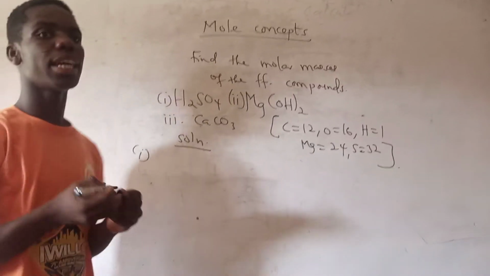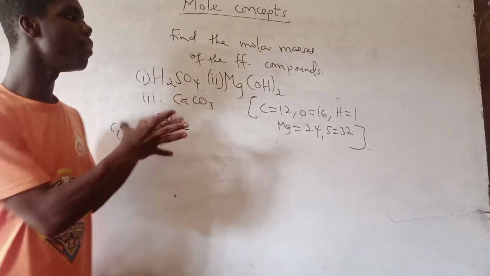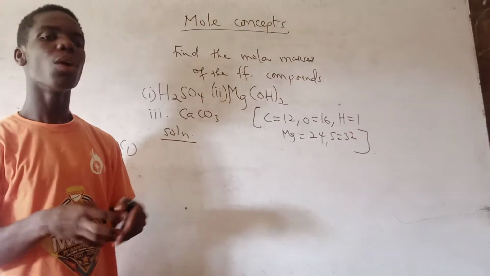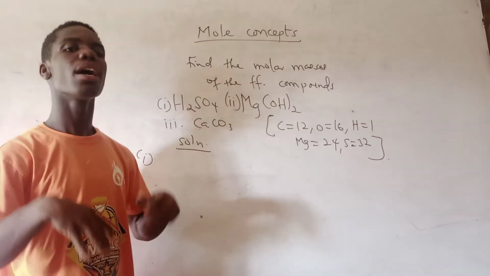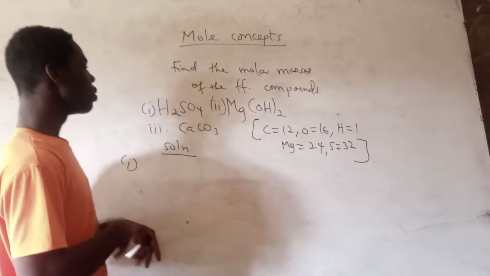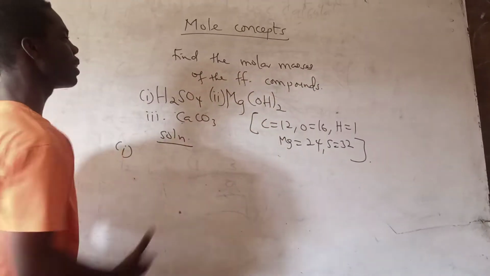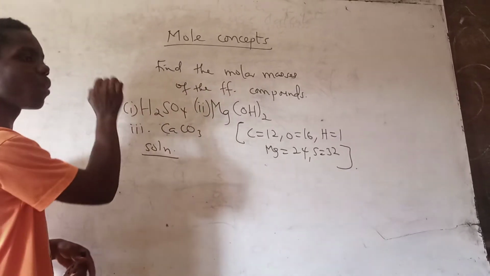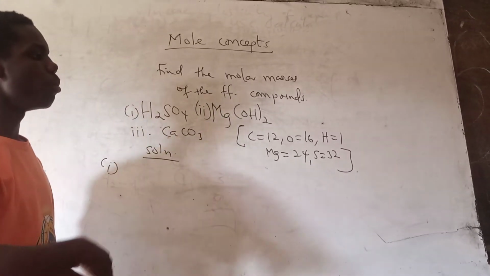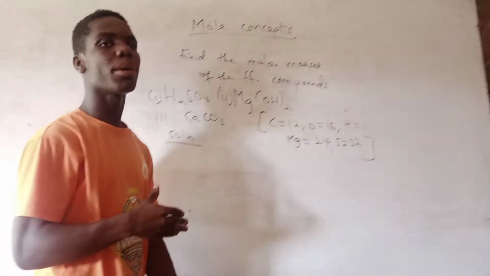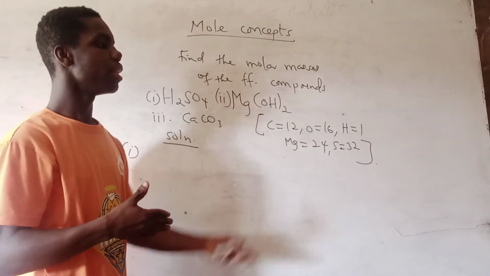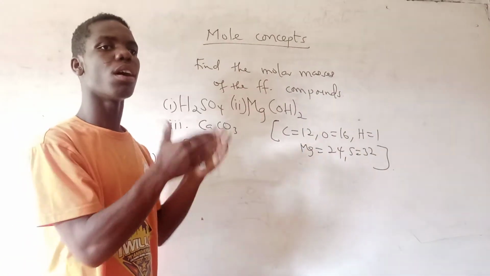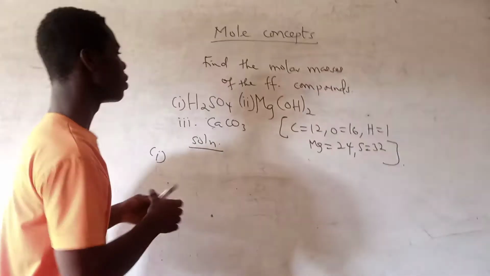I said that you are finding the weighted average mass of the elements in the compound, compared to 1/12 the mass of the carbon-12 isotope. To find the molar mass of the compound, you take the atoms of each element, multiply by their corresponding atomic mass numbers, and then add them together.